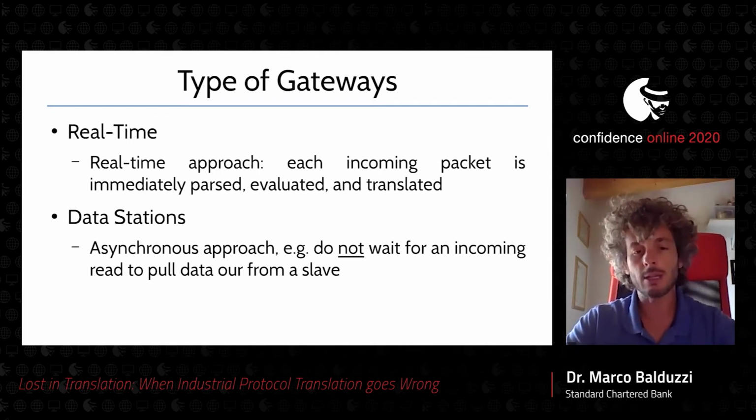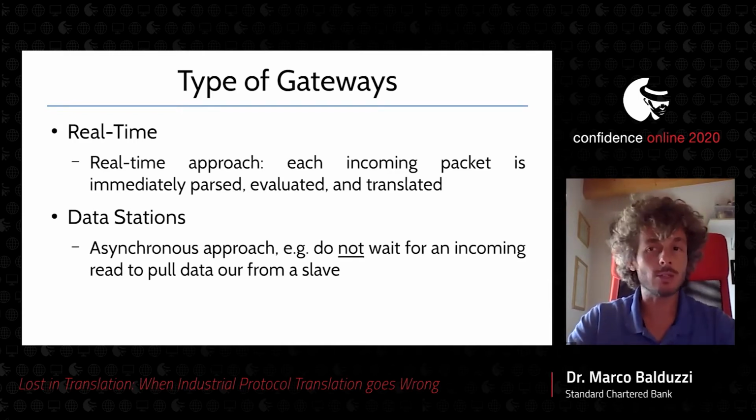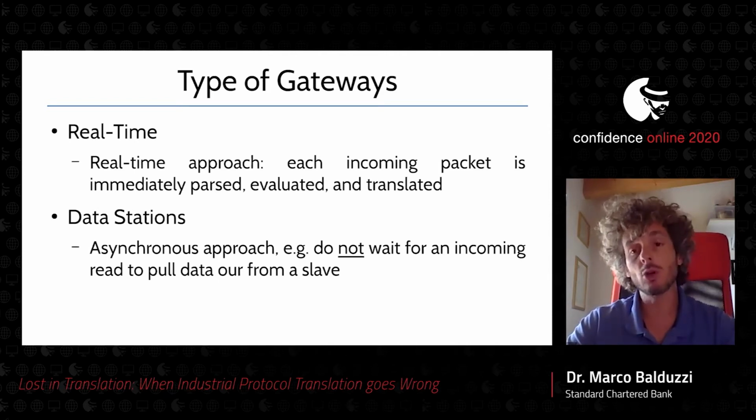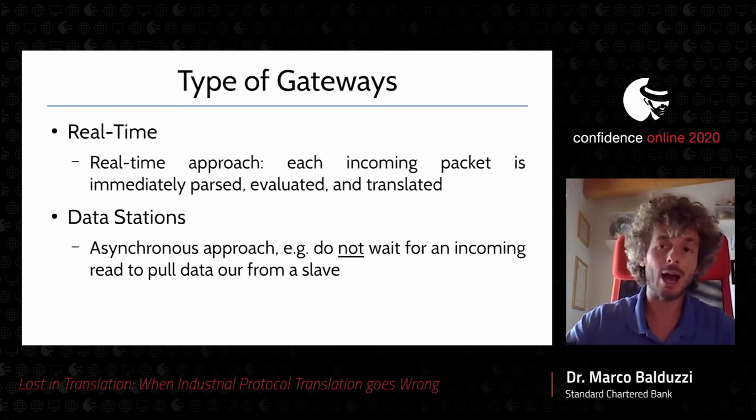What happens is that if an inbound interface, for example, receives a read command to read a value out of a sensor, the device might not query the sensor directly, because the device might already have a cached version of the data on the sensor. So the gateway does not wait for an incoming request to pull data out of the slave.